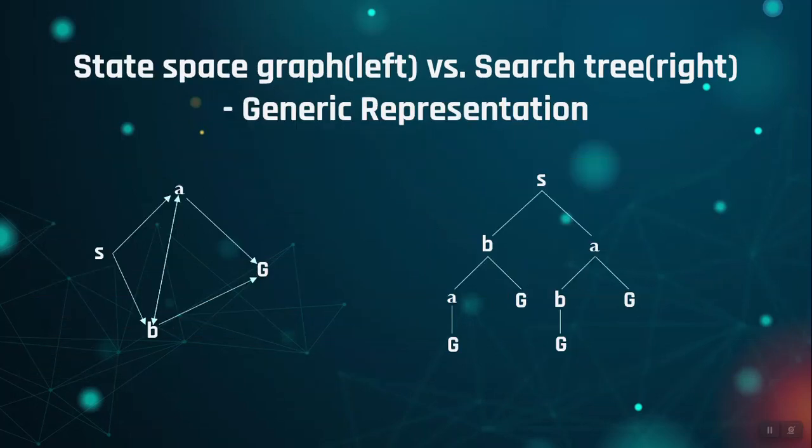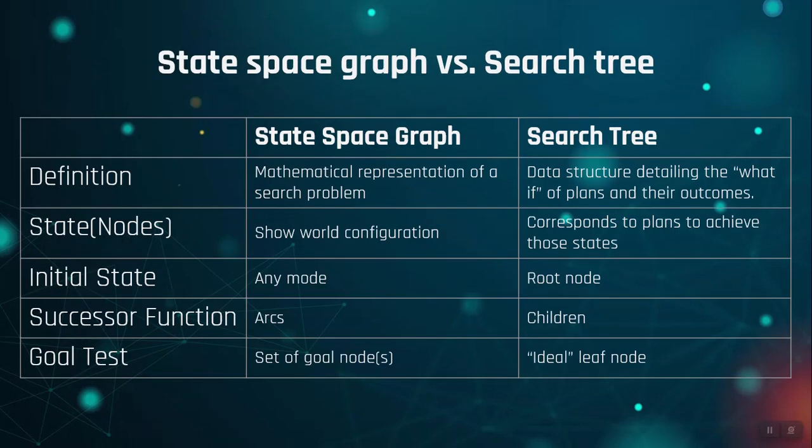Okay, so here's the generic representation. For the state space graph, a state occurs only once, but in the search tree, the same state can occur multiple times, depending on the successor function.